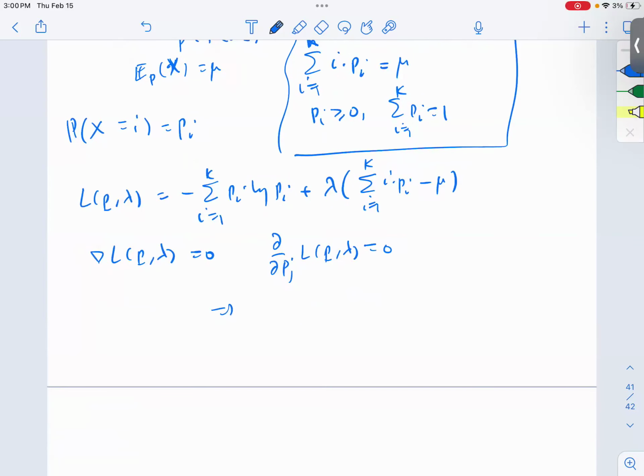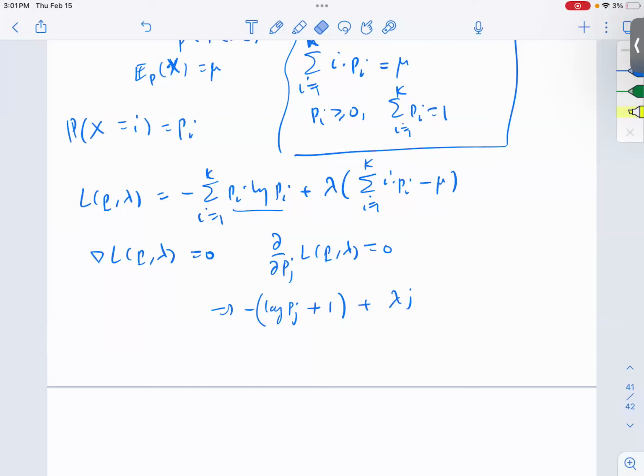This gives me the derivative of this, which is log Pj plus Pj times 1 over Pj, and then plus lambda j. So this has to be equal to 0.